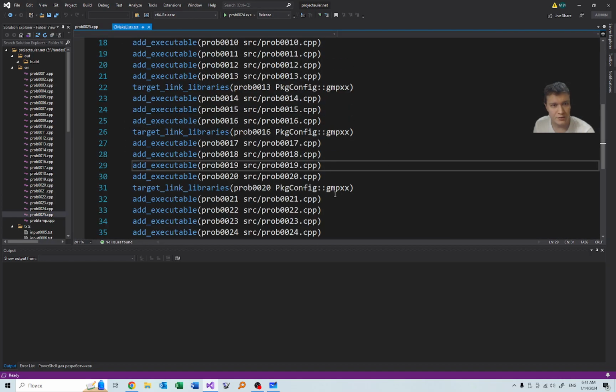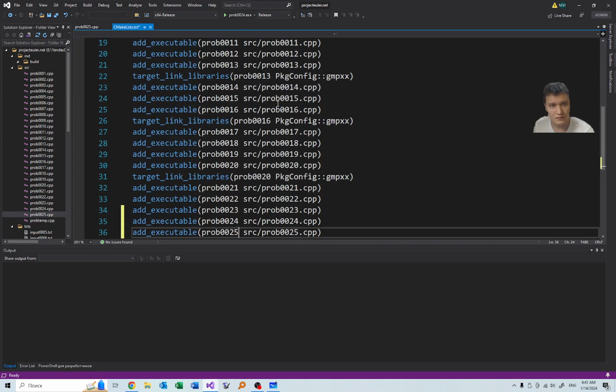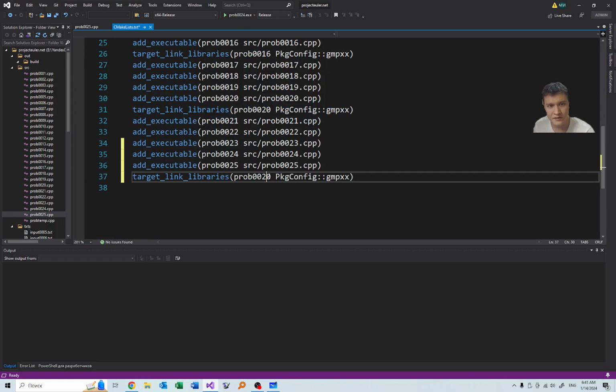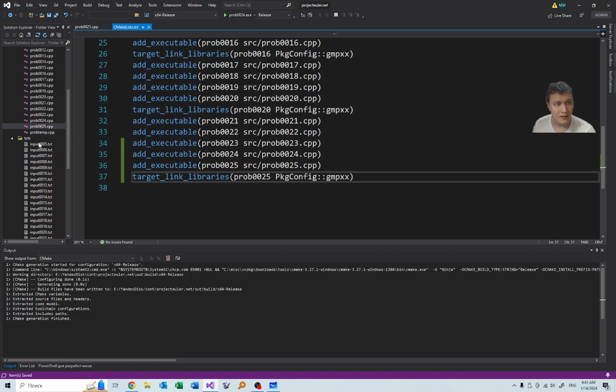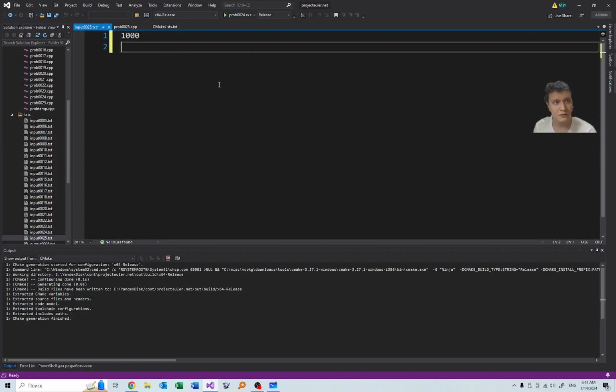Let's create a project. And let's use a target library for this project because I would like to have long arithmetic here. Finally, I need this input file, and in this input file, I only use one number, 1000.